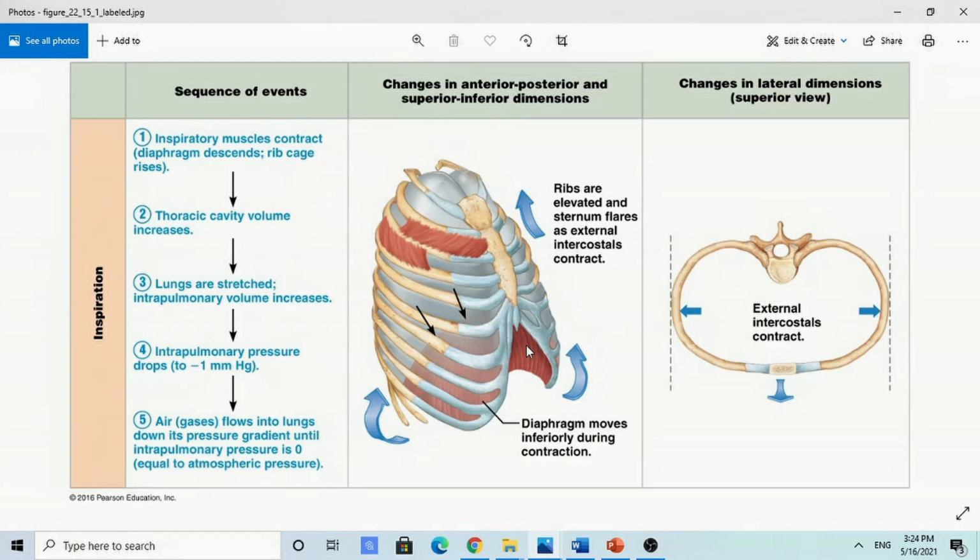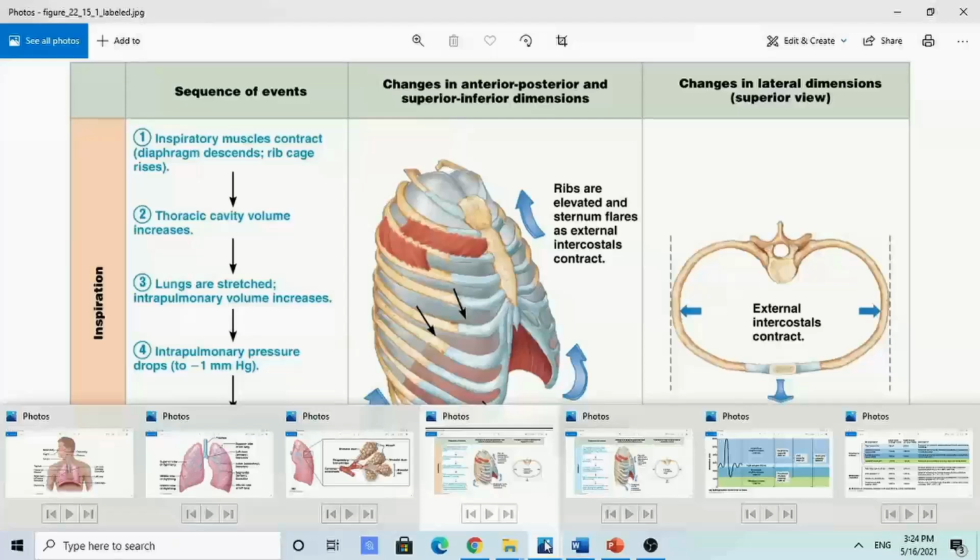That will make the pressure within the thoracic cavity, within the lungs, lower further, and that will invite more air to flow from higher atmospheric pressure into our lungs. So this is what happens during inspiration.